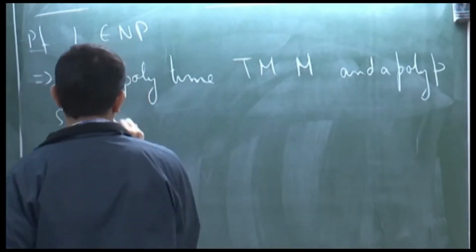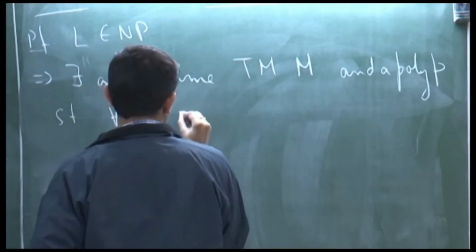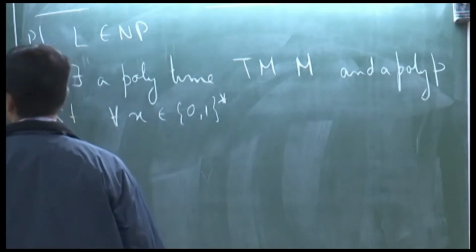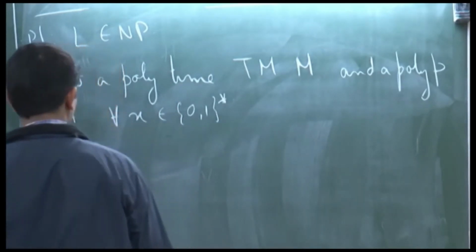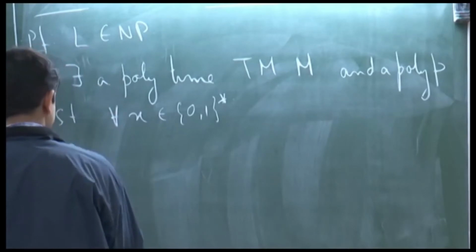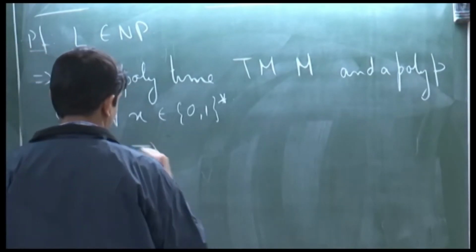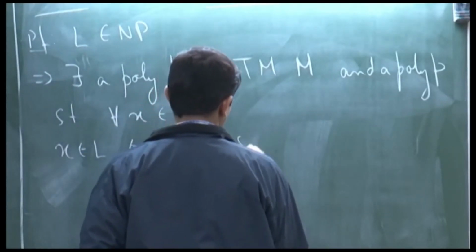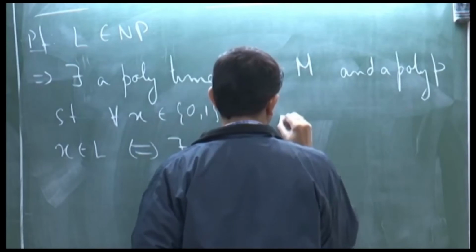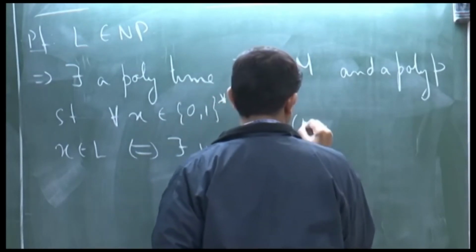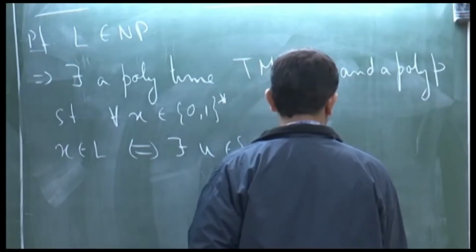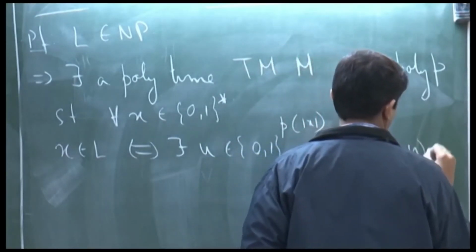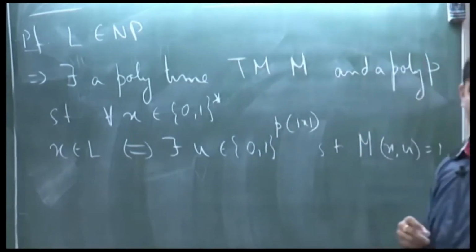such that for all strings x, x is in L if and only if there exists some u of length p of x such that M of x comma u is equal to 1.